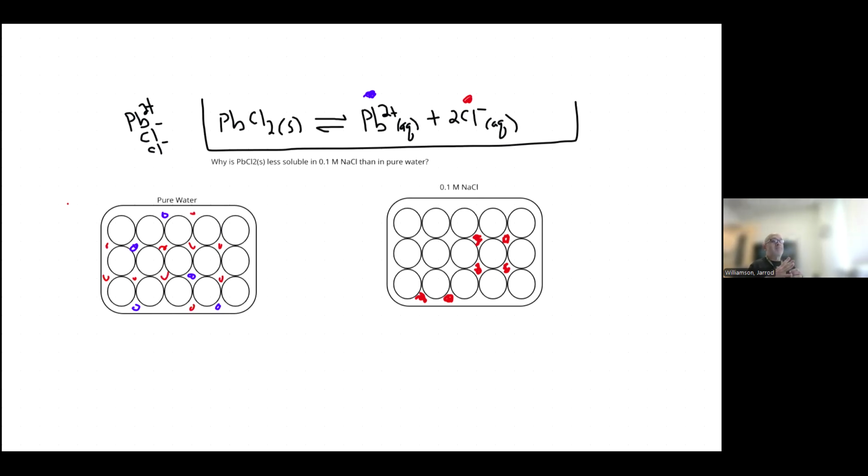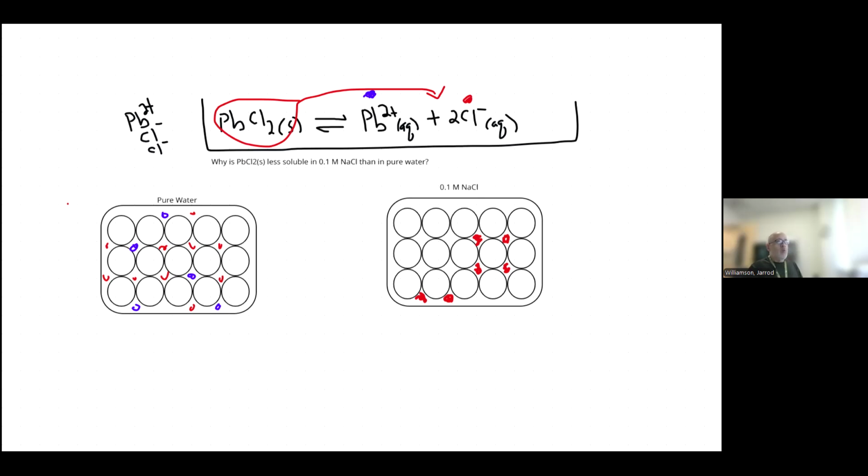I'll have the maximum amount of space possible to dissolve as much of this as possible in between the water molecules. It's not really quite accurate, but that's kind of how I look at it.